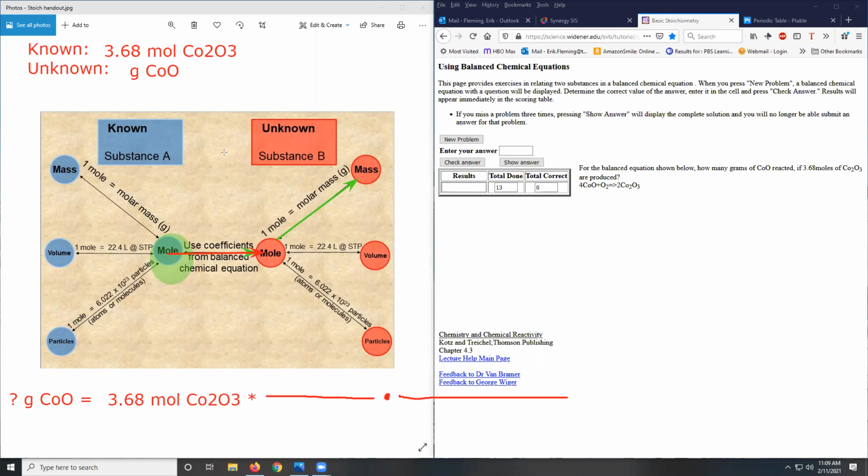So what numbers are going to go in? 4 CoO and 2 Co2O3. These are the coefficients from our balanced chemical equation. We see those numbers right there, and we're all happy with that.